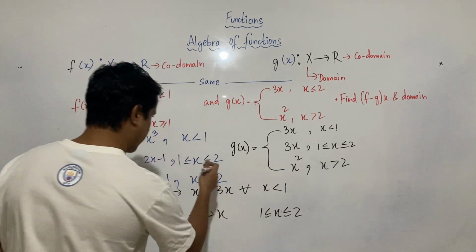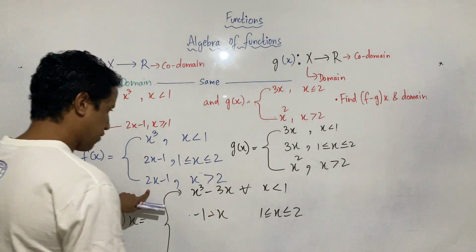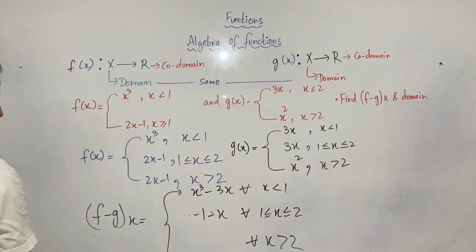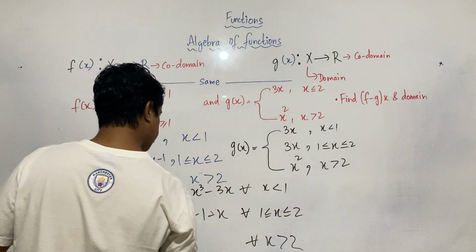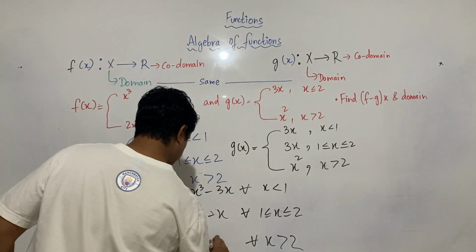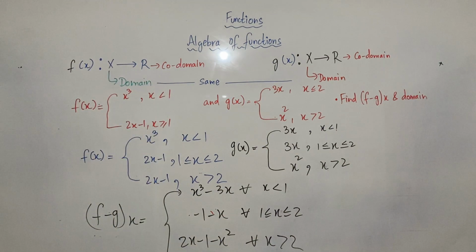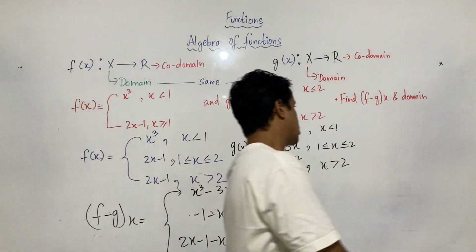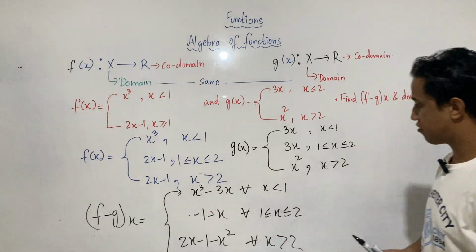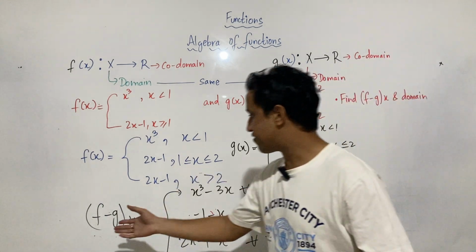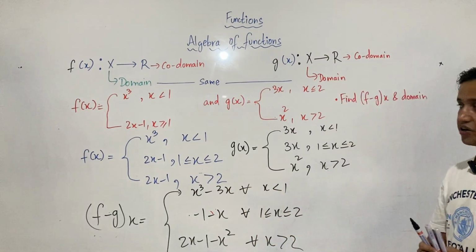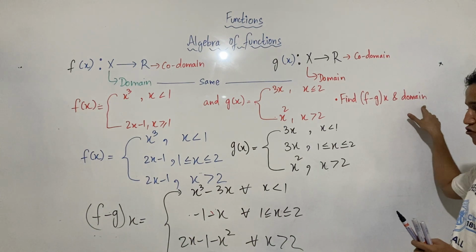And the last one, for all x greater than 2, it's going to be 2x minus 1 minus x square. Understand? So from here, I can say that your (f minus g)(x) is going to be this, okay? And you have to find the domain.